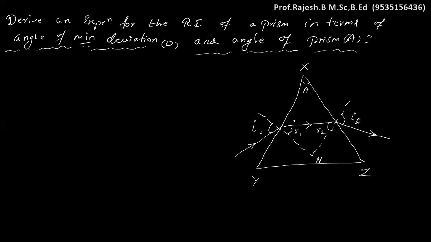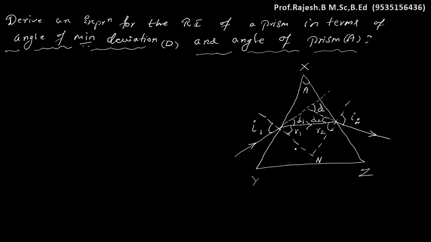And here, if I produce the incident ray forward, and I produce the refracted ray, the emergent ray, backward, both will meet at the same point. That is called the angle of deviation. Inside, deviation angle 1, and here deviation angle 2 will form.